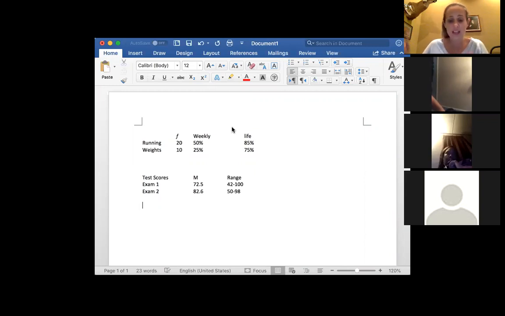It doesn't tell you anything except the highest and the lowest. The mean tells you more, right? You could really draw a graph just based on these 3 numbers on the top, exam 1, marking the mean in the middle, and then you mark the ranges. Okay. Right.